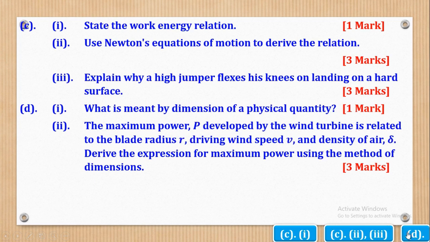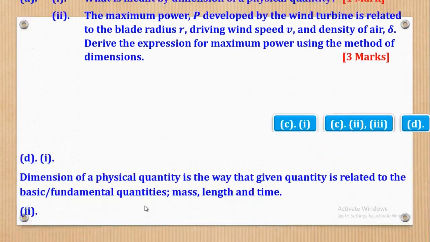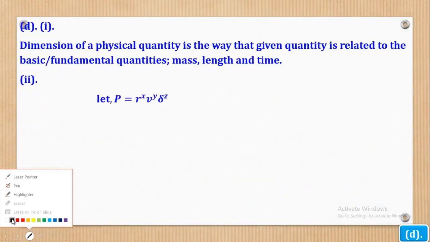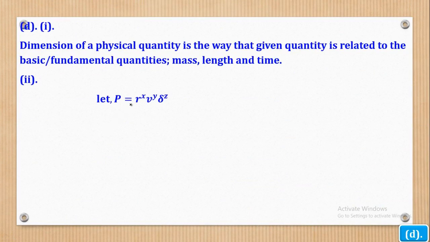Therefore, we shall say P will be equal to R raised to the power X, which we don't know, V raised to the power Y, which we don't know, and sigma raised to the power Z, which we don't know. And we have to get these values of X, Y, and Z. So the next step is to study the dimensions for each.